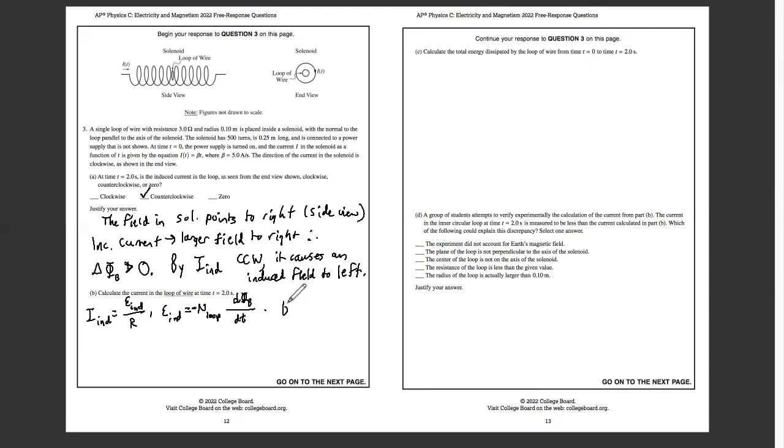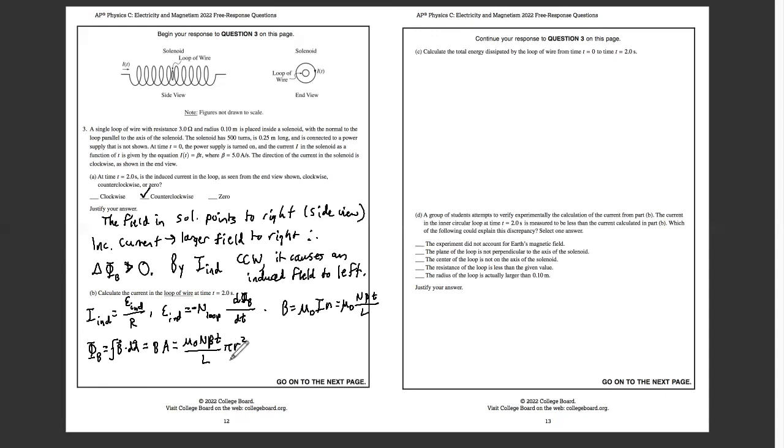Now, in order to find that, we need to note that the magnetic field through the solenoid, which is given to us on our equation sheet, is mu naught I times N, which is mu naught times big N times beta times t, all over the length of the solenoid. So therefore, phi of B, which is the integral of B dot dA, is going to be equal to B times A, which is going to be mu naught N beta t over L times the area of the loop of wire, which is just pi little r squared for the radius.